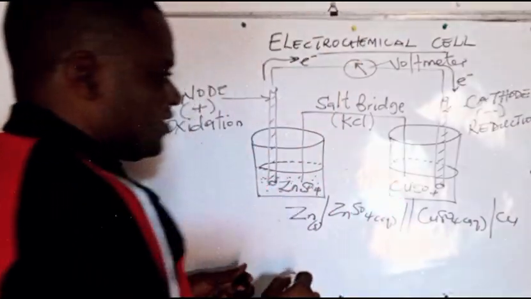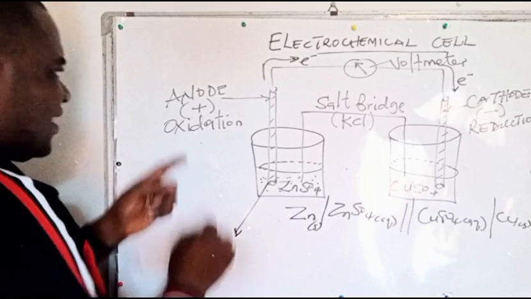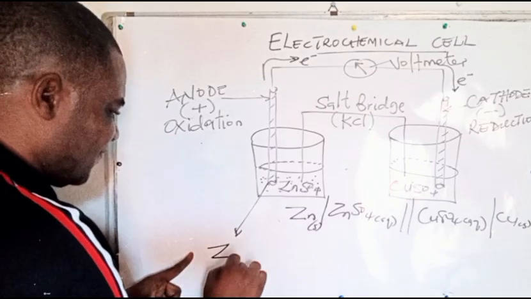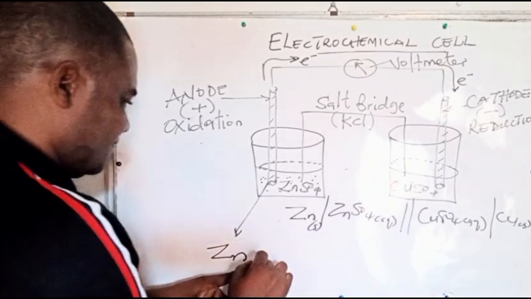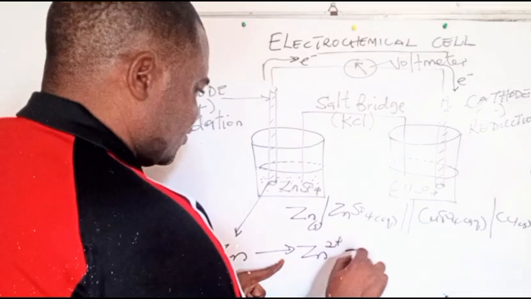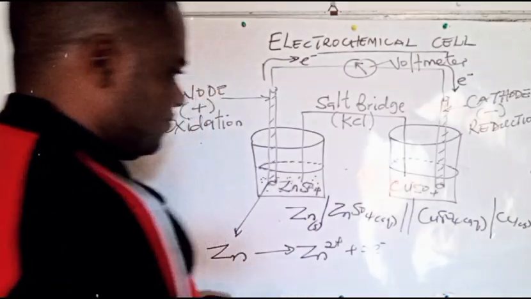Now, the implication here is simple: at the anode, there is an oxidation of zinc. So we have to write that oxidation equation, which says zinc oxidizes to give us zinc 2 plus plus 2 electrons.